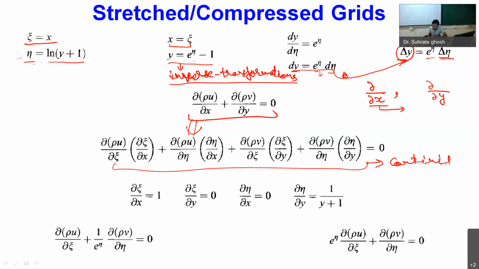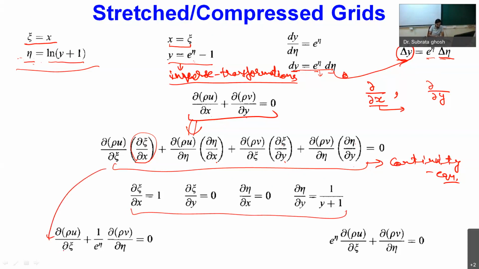Now in this continuity equation, we have some matrices: del zeta by del x, del eta by del x, del zeta by del y, and del eta by del y. We know the direct transformation functions, so I can find the values of these coefficients, and my continuity equation finally takes the form in terms of zeta and eta.